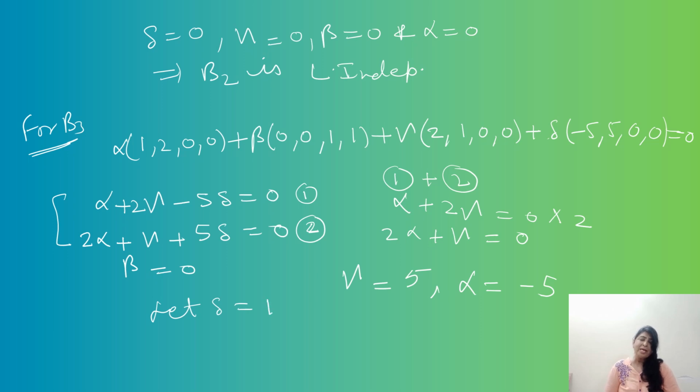So you are getting the values of the constants, which are non-zero. This implies B3 is linearly dependent. So in this way we can check that B1, B2 are independent, whereas B3 is linearly dependent.